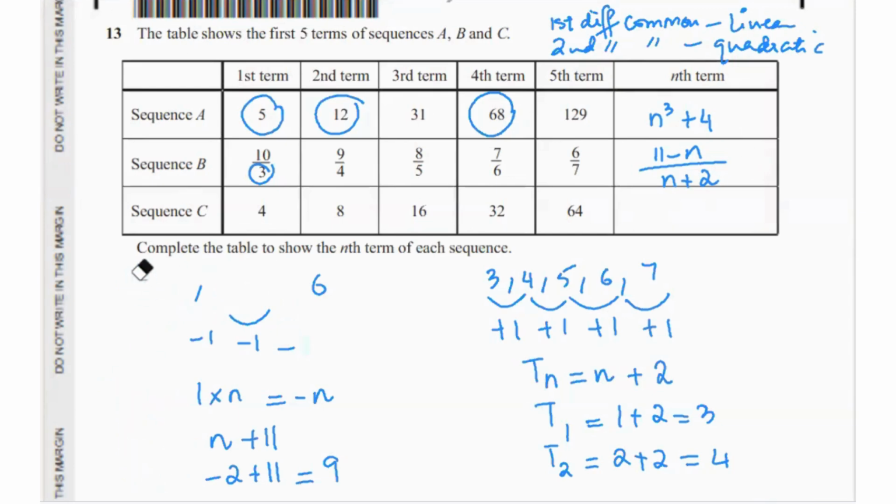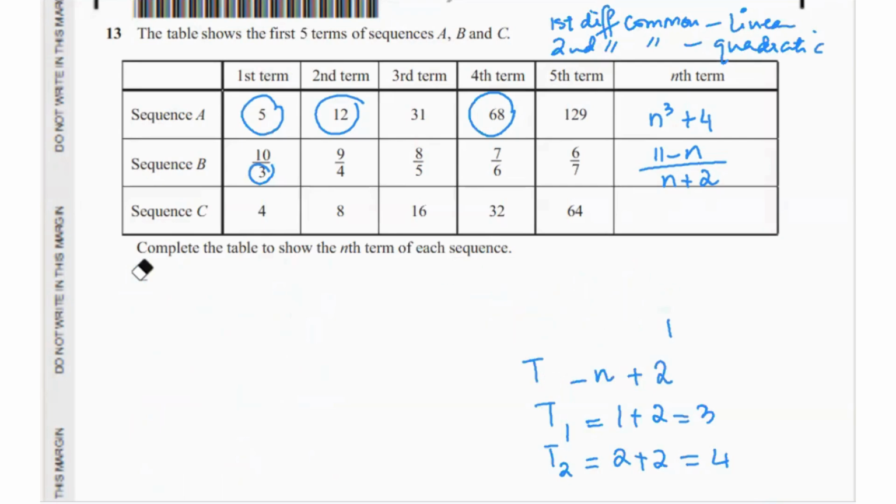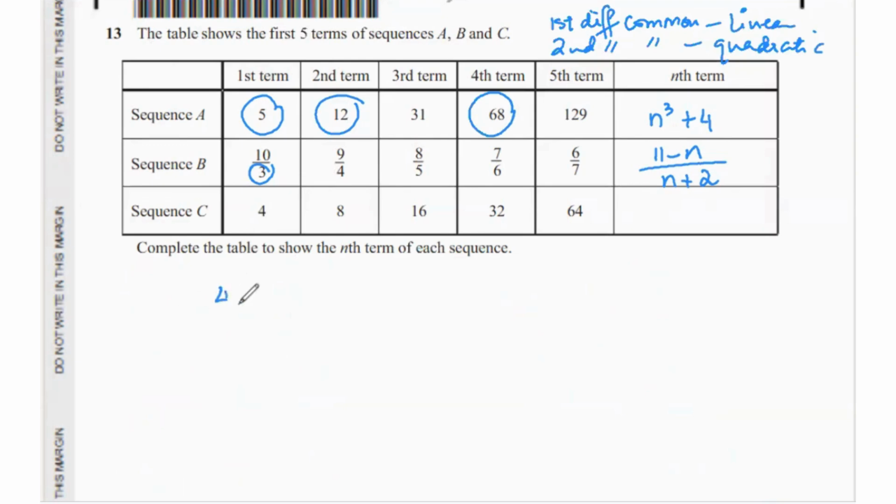Now moving on to the third sequence. In the third sequence, if we notice, they're all even numbers. And we know that 4 is 2 squared, 8 is 2 cubed, 16 is 2 to the power of 4, 32 is 2 to the power of 5, and 64 is 2 to the power of 6. All of these are powers of 2.